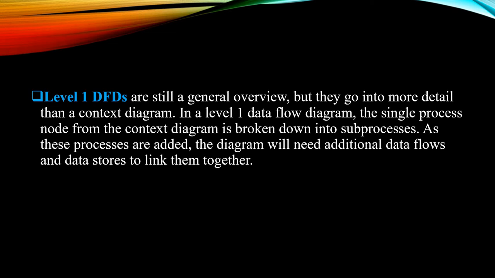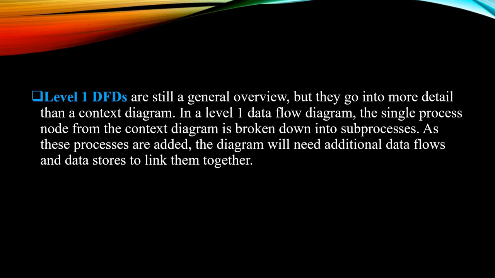Level 1 DFDs are still a general overview, but they go into more detail than a context diagram. In a level 1 data flow diagram, the single process node from the context diagram is broken down into sub-processes.